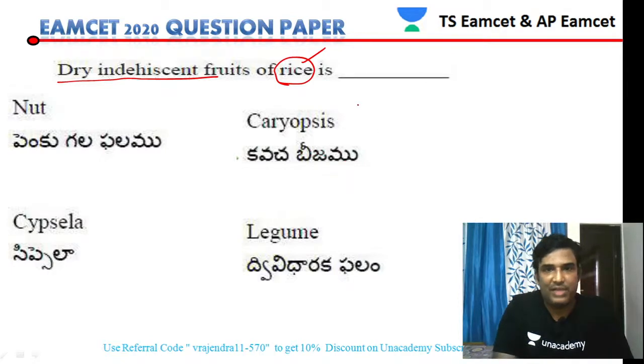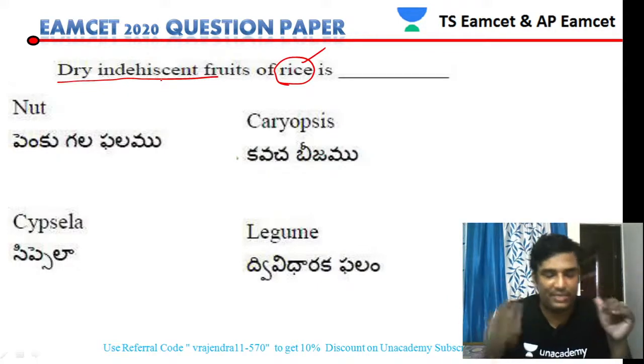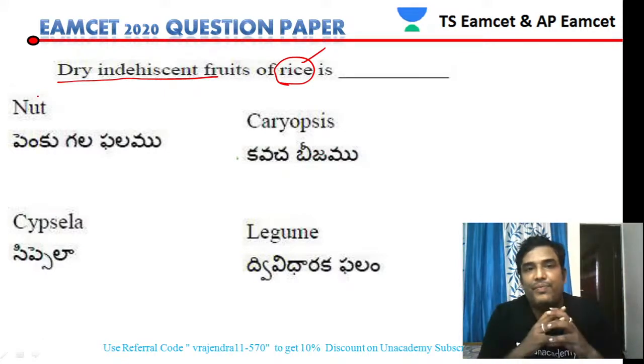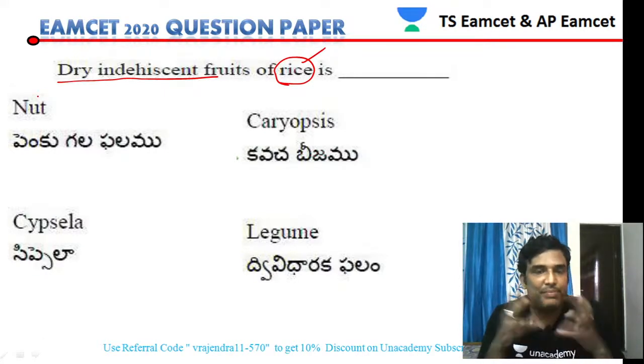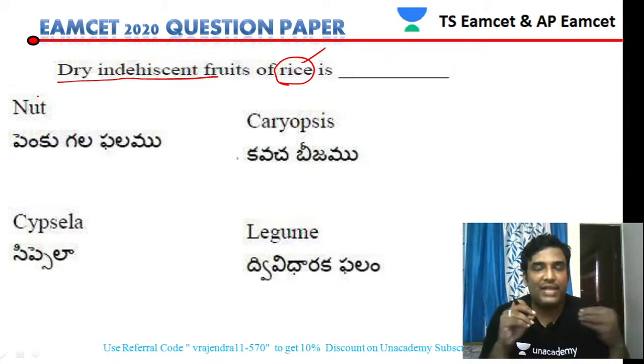If you see rice, it is indehiscent, meaning dehiscence will not take place, the fruit will not break down. Such fruits are called indehiscent fruits, and they are dry.